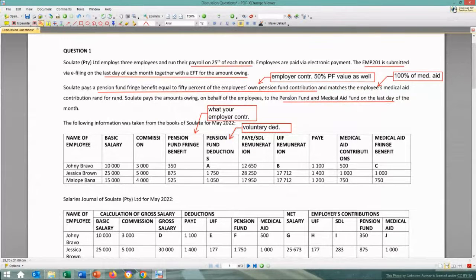If your employer pays 50% of your pension fund value as a fringe benefit, what would your contribution be under A? Mpilo says 700 rand. What does the rest of you think? Do you agree with Mpilo, or do you have a different value that you think should be captured there?